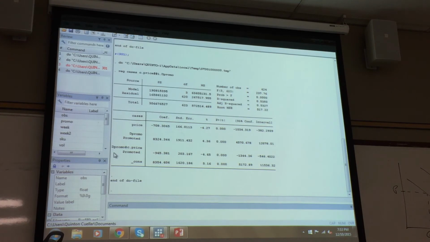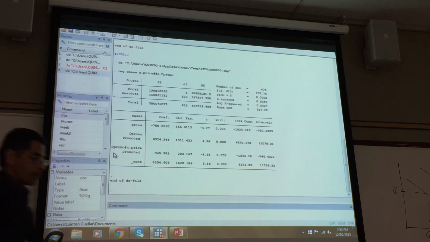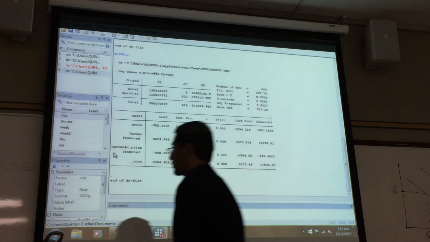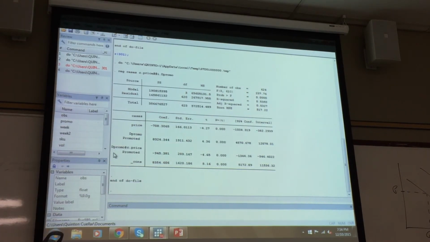But it's a slope of what? We've got two demand curves, non-promoted and promoted. So what is the number 708 first? Slope of the non-promoted. Perfect. It's how responsive non-promoted consumers are to changes in price, which is the definition of our slope.